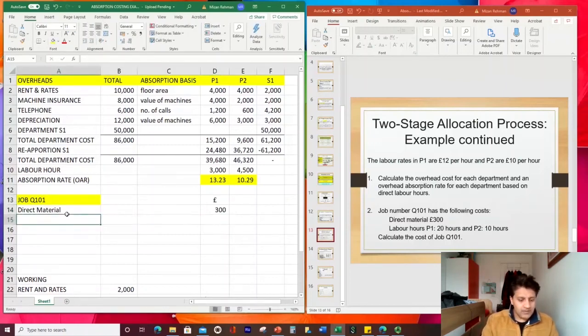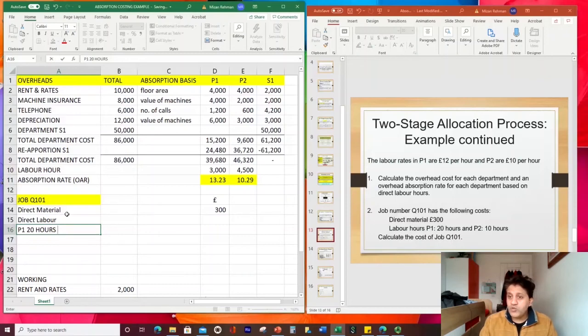Then direct labor. I have 2 departments, P1, and in P1 we did 20 hours, and in P2 we did 10 hours.